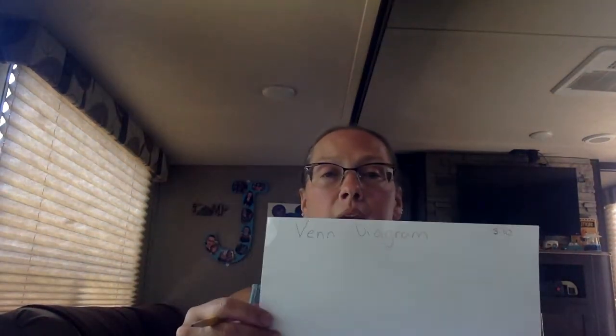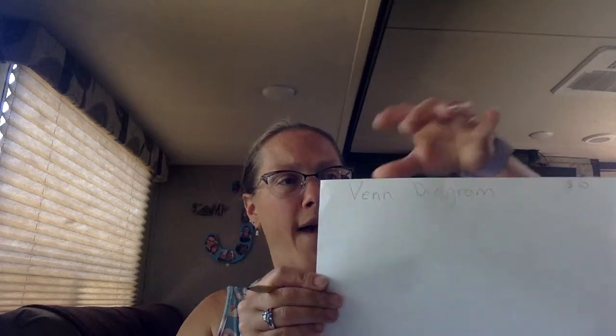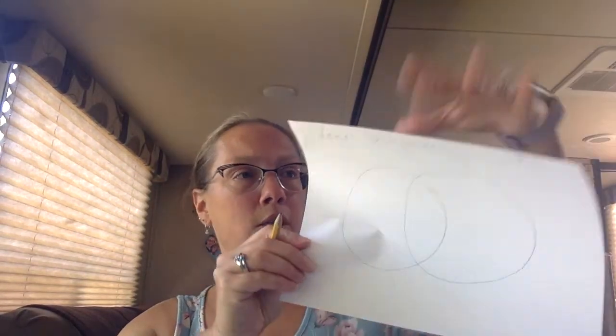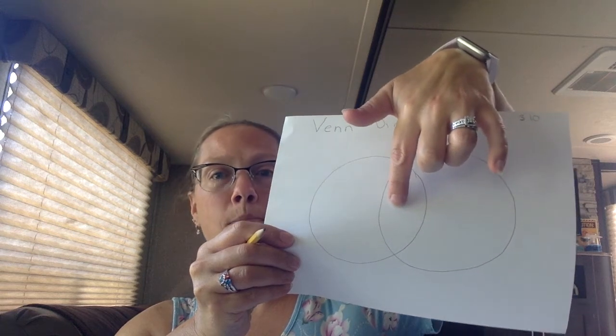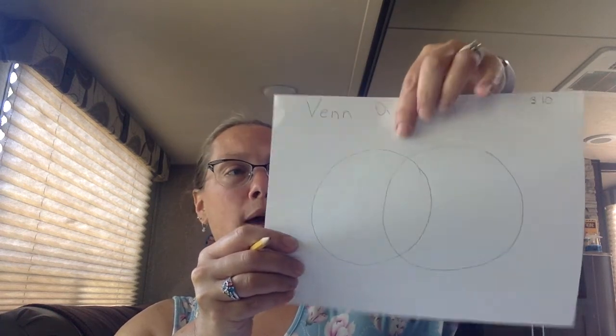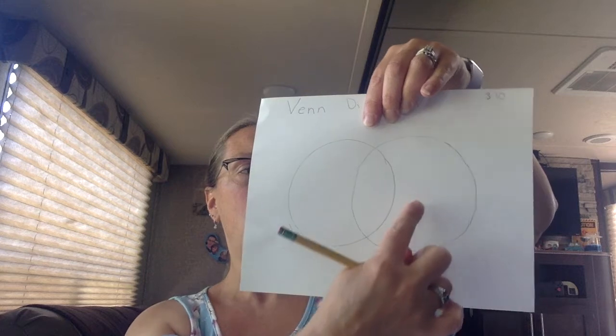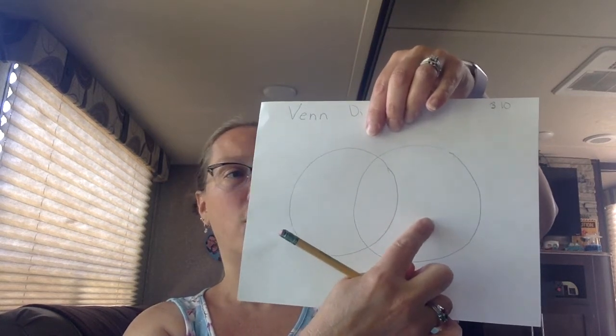So as you can see, I wrote at the top of our page, Venn diagram. We are going to compare and contrast two different characters or objects. Today is going to be characters. A Venn diagram is two circles that overlap in the middle. The way the two items are different goes on the outer circles.